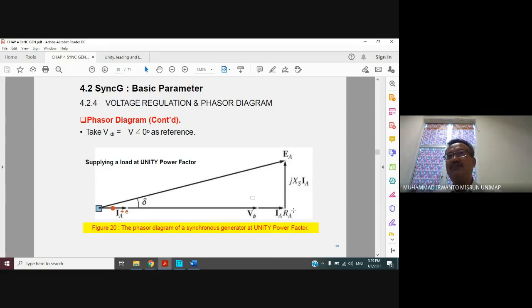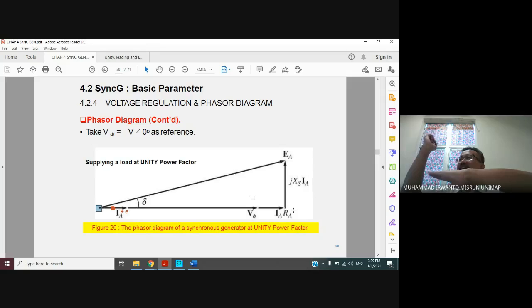After that, you draw the value of jXS IA. Remember, after the phase voltage and then IA RA, you draw jXS IA.